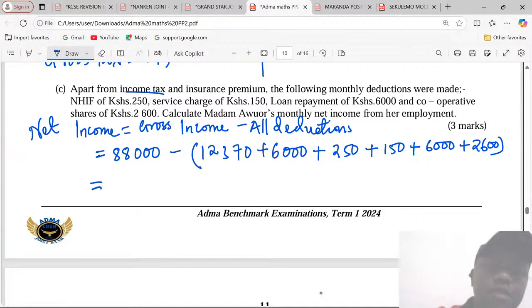Then we compute our total deductions: 12,370, 6,000, 250, 150, 6,000, 2600. This is 27,370. So when we take 88,000 and subtract this, we will be getting 60,000.